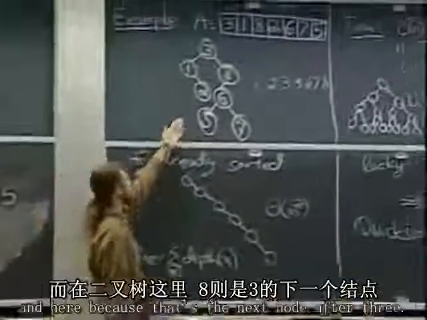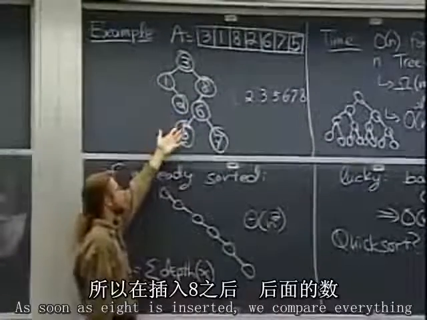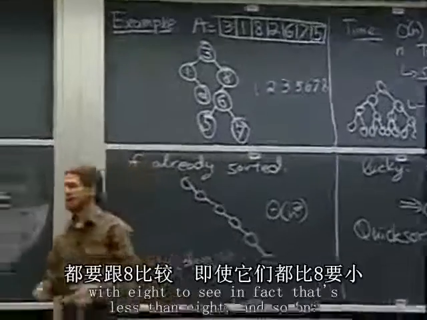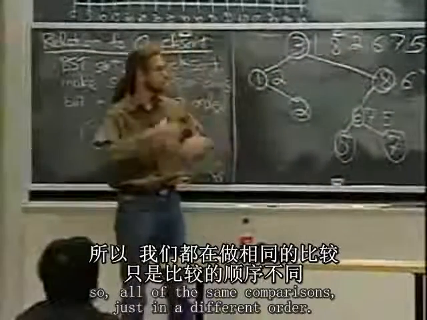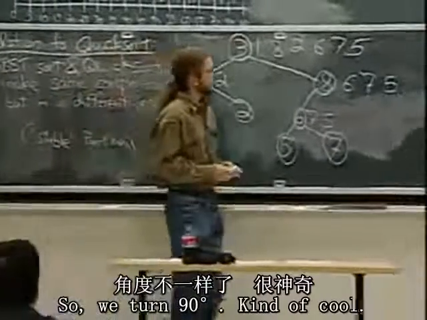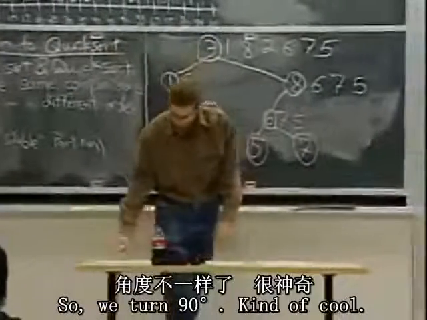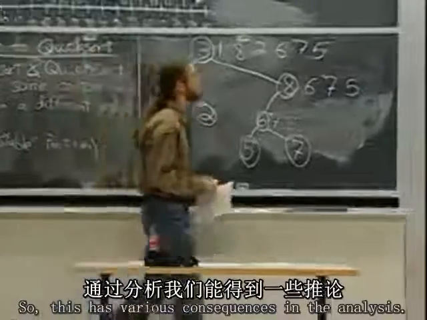Here, because that's the next node after 3, as soon as 8 is inserted, we compare everything with 8 to see, in fact, that it's less than 8, and so on. So all the same comparisons, just in a different order, sort of turned 90 degrees. Kind of cool. So this has various consequences in the analysis.